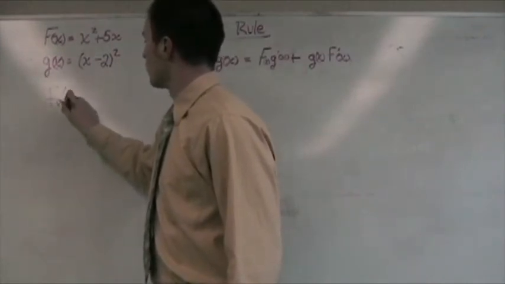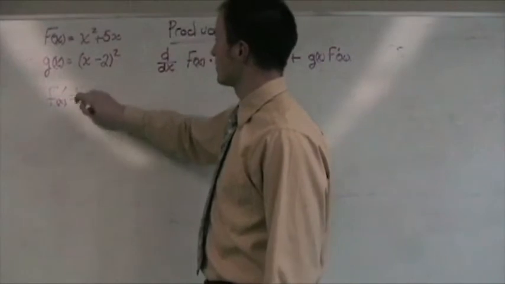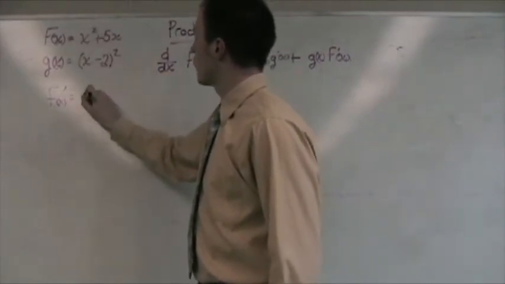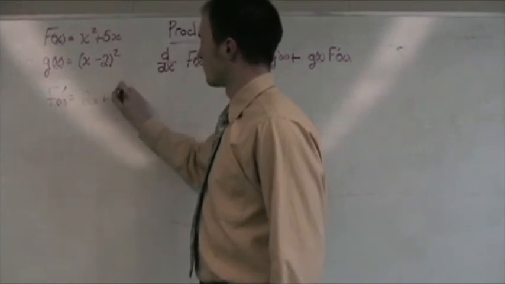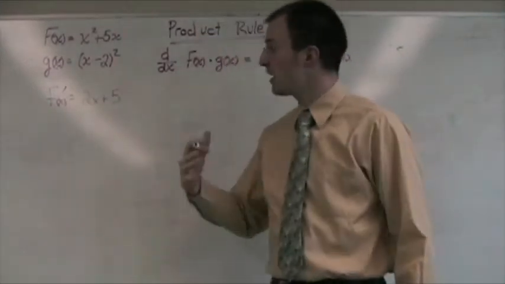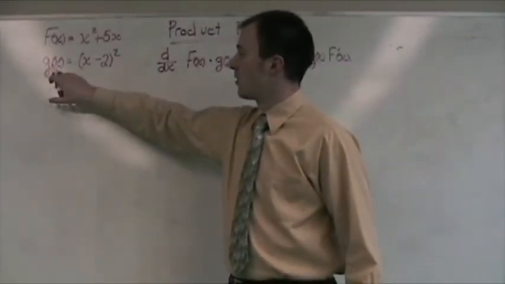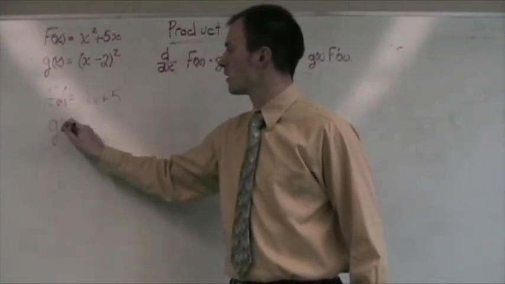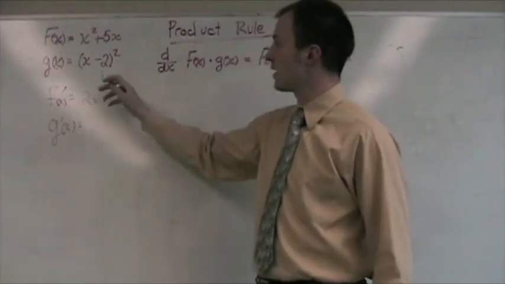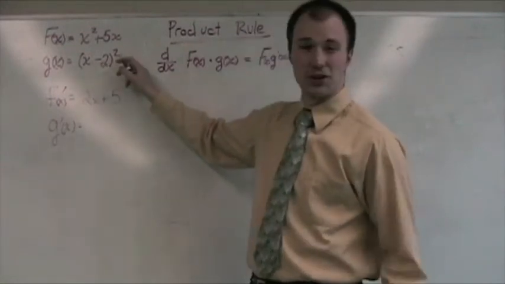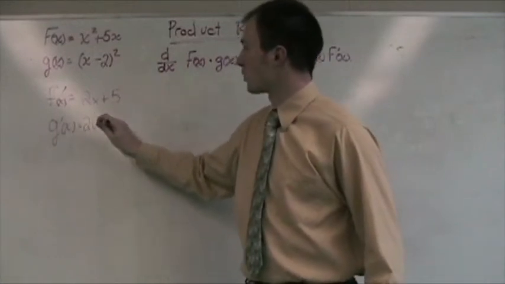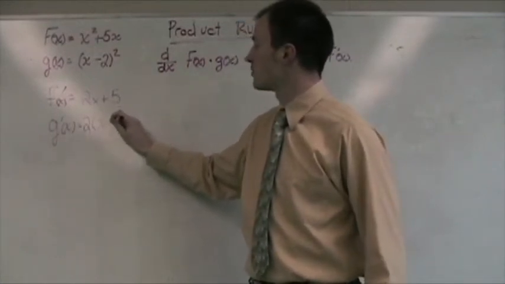So f prime of x, the derivative with respect to x of this function f, x squared plus 5x, that's sum rule. So I get 2x plus 5. And the second function here, g of x, if I'm talking about g prime of x, g prime of x is going to be, well, I've got a general power rule here, so I've got to bring the 2 out front, times whatever I had inside, so that's the x minus 2.